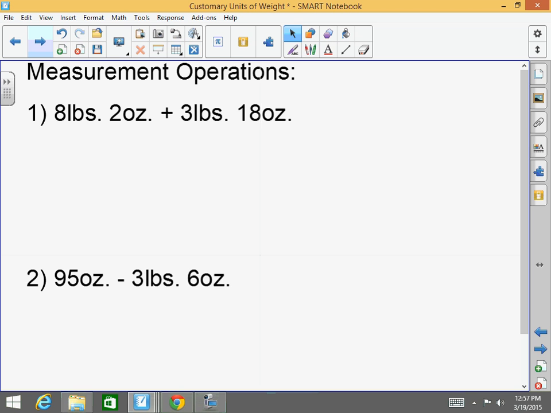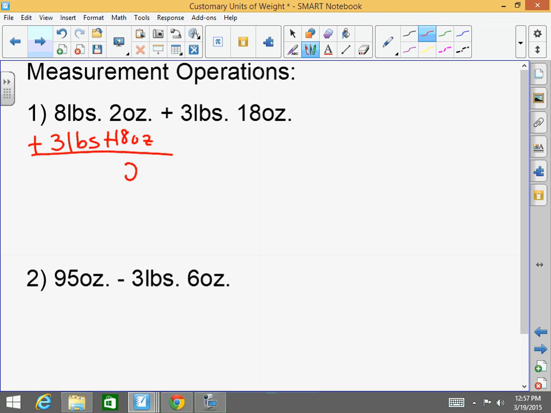We have 8 pounds, 2 ounces, plus 3 pounds, 18 ounces. So I'm going to add 8 pounds plus 3 pounds, and 2 ounces plus 18 ounces. Now, this will give me 20 ounces and 11 pounds. Same technique as with distance. Some of you got a little confused with the distance, so I'm hoping that I can clarify everything now. You have to know your tables.